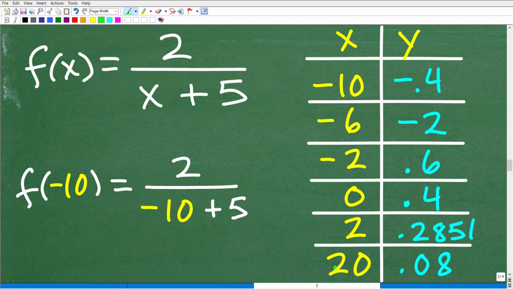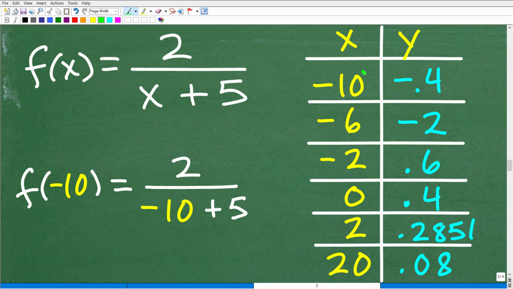Now I selected 20 because I wanted to show you that selecting an extreme point way out there on the x-axis just confirms the behavior that you're seeing. All right, so getting really far away from an asymptote or really, really close to an asymptote is a great way to verify what you think you're seeing.